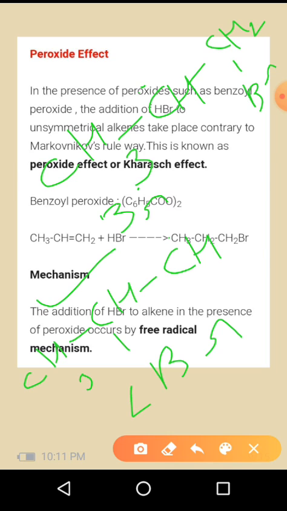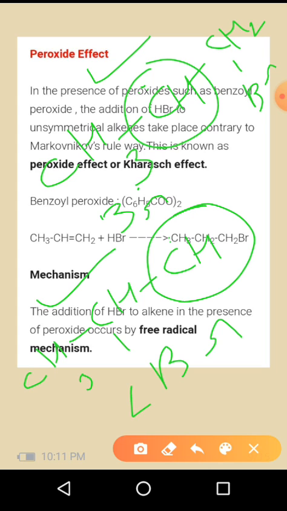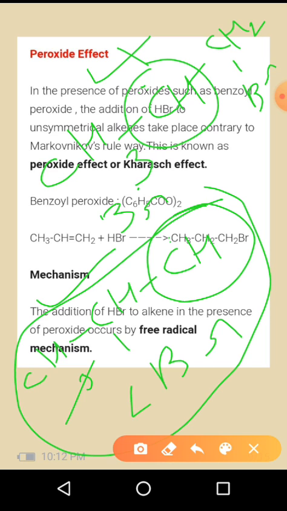So this one is the major product, this one is the minor product, because in this case the free radical is present in a secondary, here the free radical is present in a primary carbon center, so this one becomes more stable and this is less stable according to the peroxide rule or Kharasch rule. This is the major product formed in this reaction.